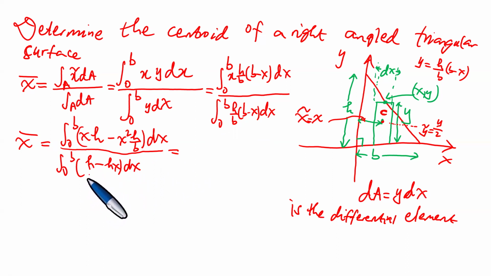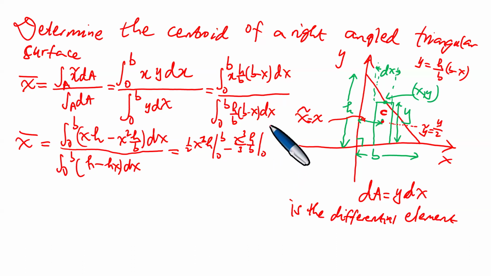With respect to x, you can do term by term integration, which is half x squared h from 0 to b, x cubed out of 3 h over b from 0 to b, which is hx.